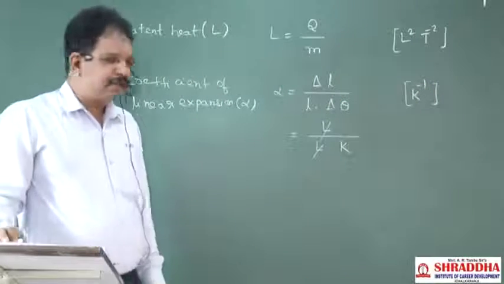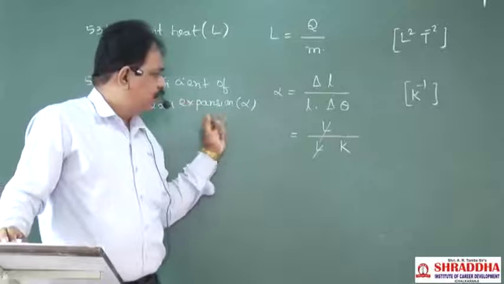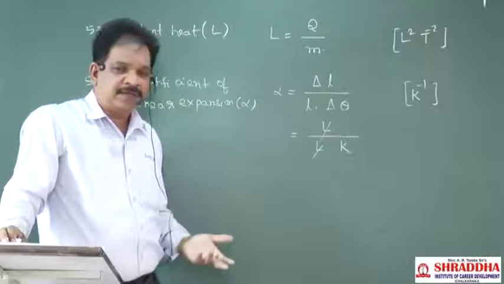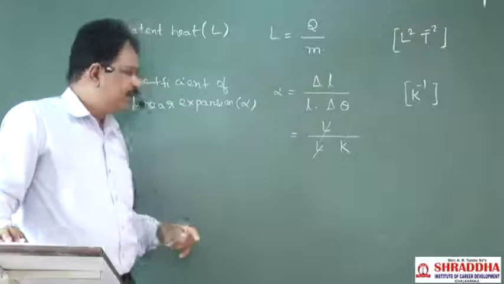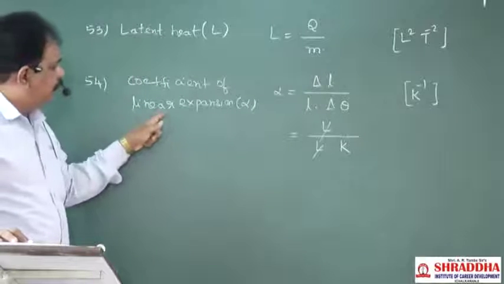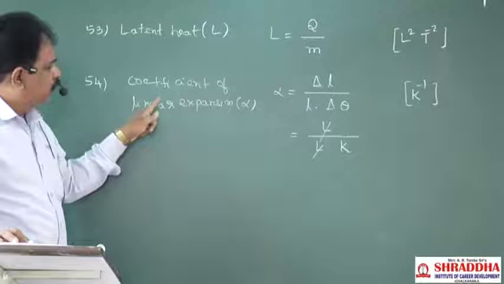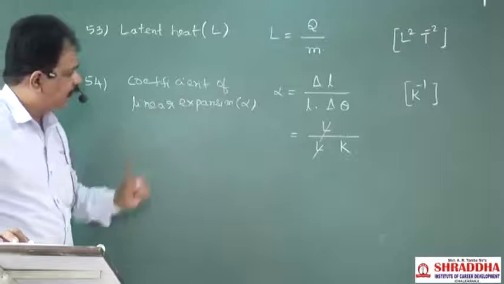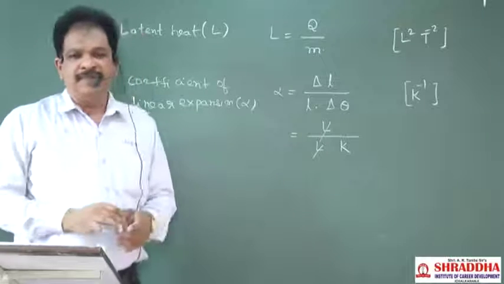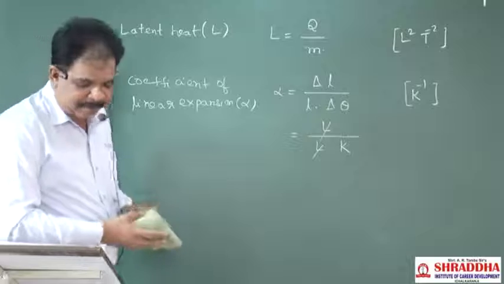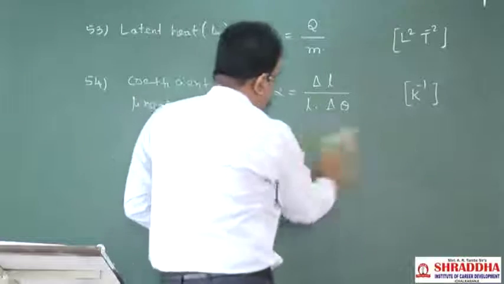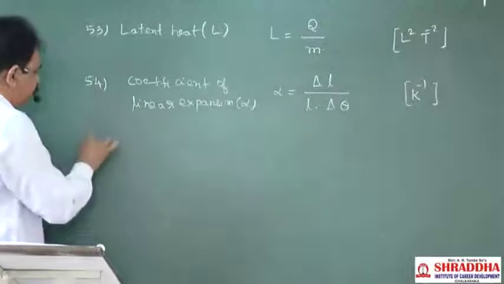So dimensional formula of coefficient of linear expansion will be K power minus 1. Similarly, coefficient of areal expansion and coefficient of volume expansion all will have the same dimensional formula, K power minus 1. Next, 55.